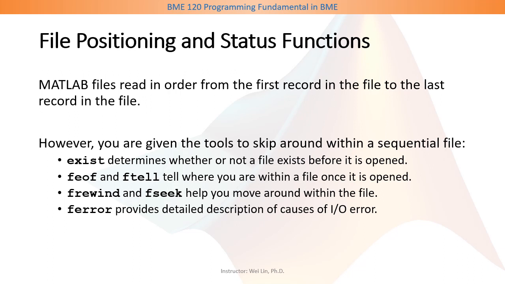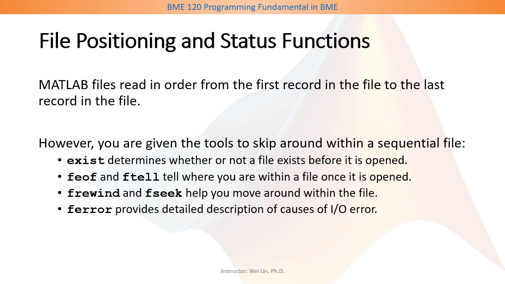Here I would like to make an additional note on the file pointer. For example, if you open a file, the file pointer is pointing to the beginning of the file. Let's say you are going to read 10 bytes, so the pointer will move 10 bytes and point to the 11th byte in the file.